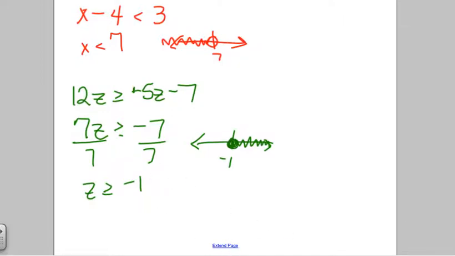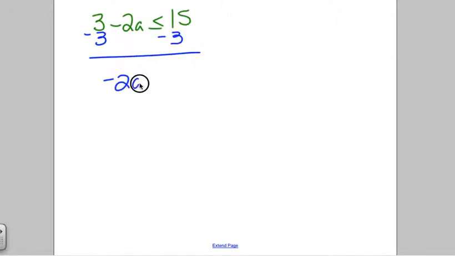Okay, next, what if I have 3 minus 2a is less than or equal to 15? I'm going to subtract 3 from both sides. So I have a negative 2a is less than or equal to 12. Here I'm dividing by a negative 2.